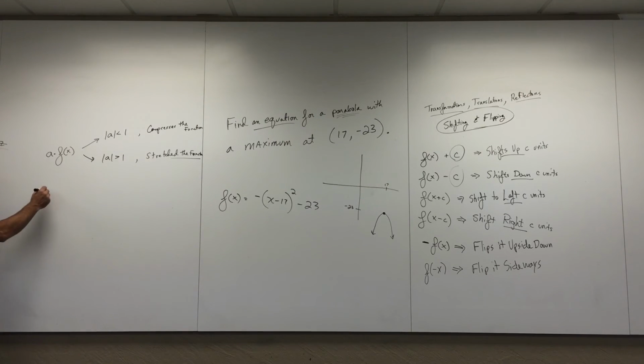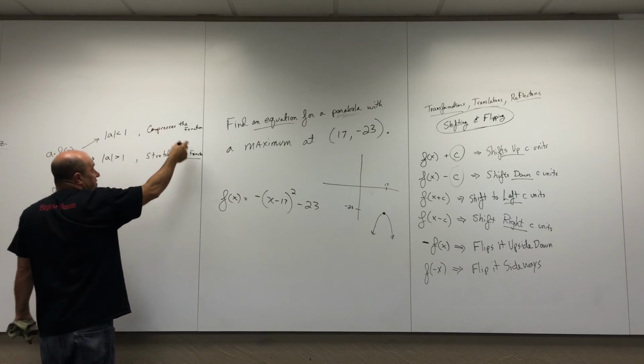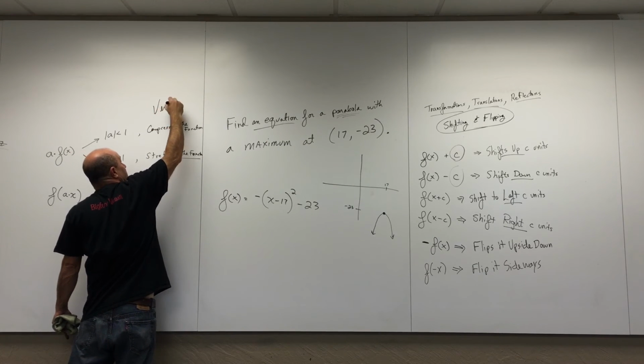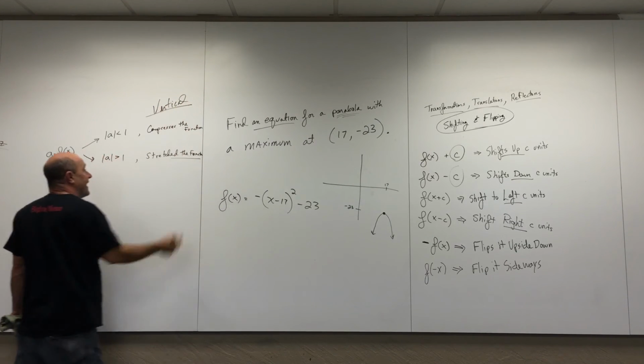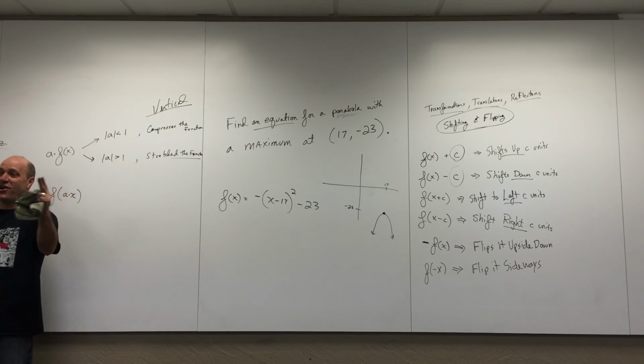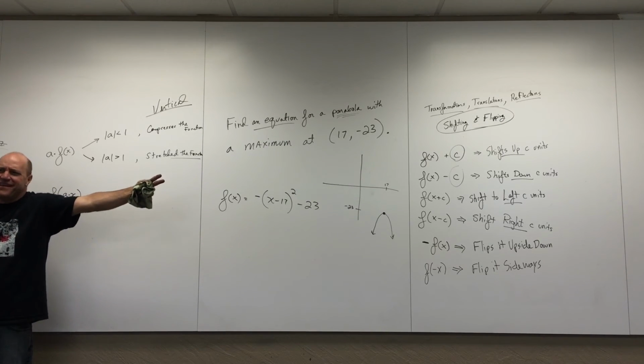Check this out. This is weird, I'm sorry, but if you have that A multiplied by your X, then this is a compress and a stretch, but this is a horizontal compress or stretch. Before, it was a vertical compress or stretch. So now you compress it this way or stretch it out this way.